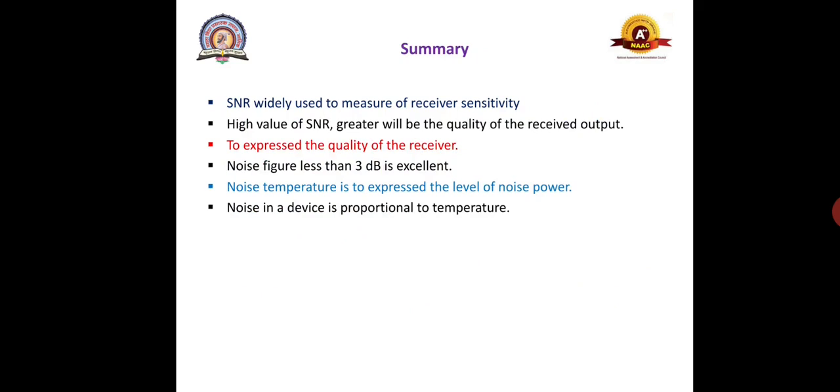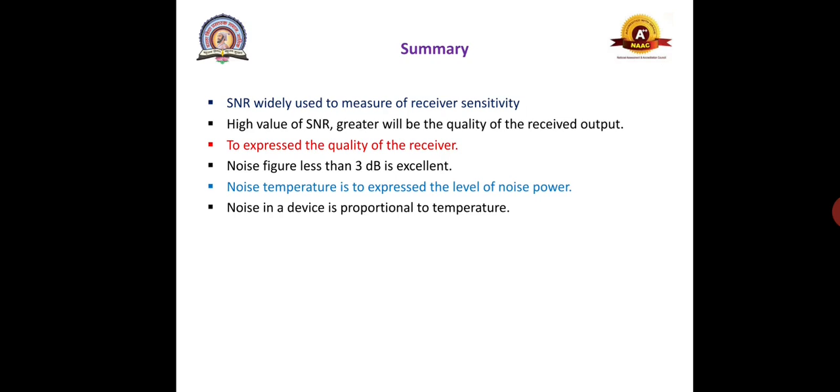Now let us summarize today's lecture. We have calculated the SNR, which is generally used for receiver sensitivity. If the SNR is high, then the quality of the received output is better.